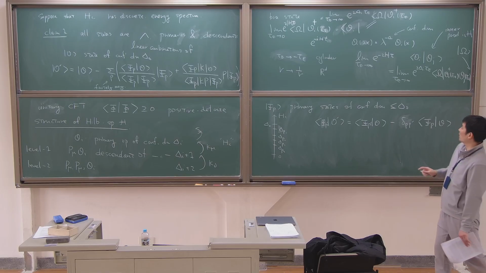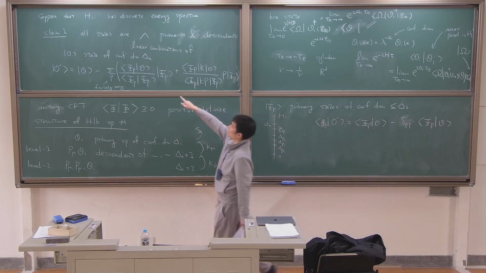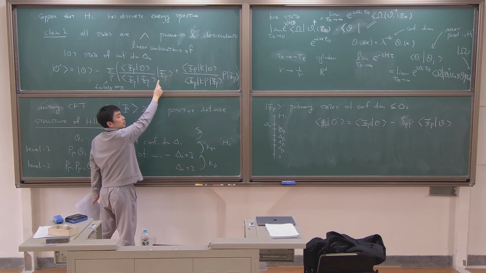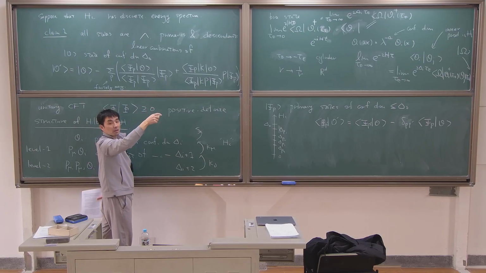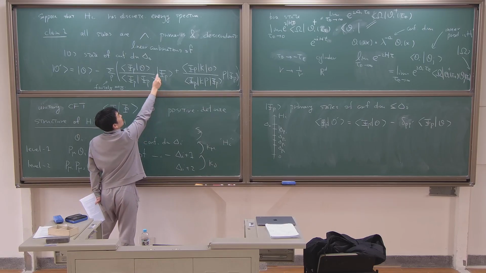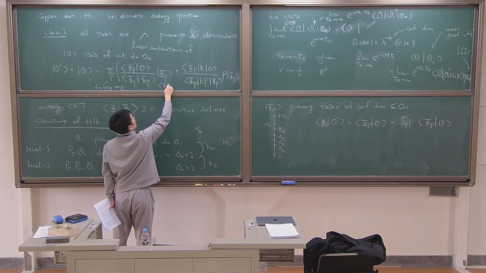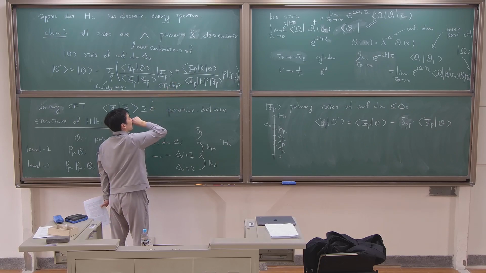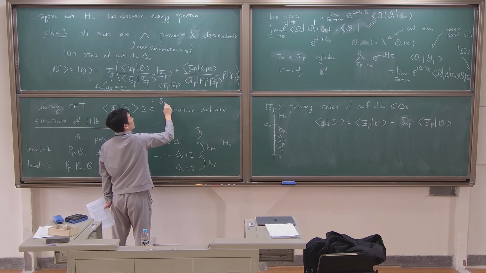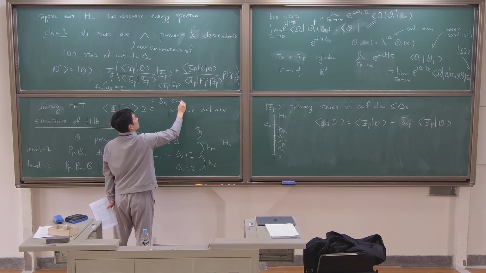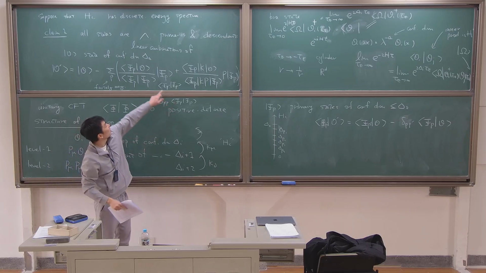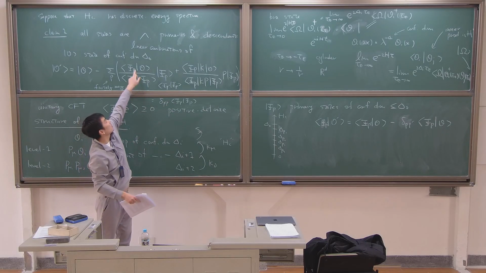That is coming from here. If you act with psi_P prime on here, you just have an inner product of psi_P prime and psi_P. That will give you delta_PP prime. So psi_P prime psi_P is equal to delta_PP prime psi_P psi_P. So this cancels with the denominator, and what's left is this one.